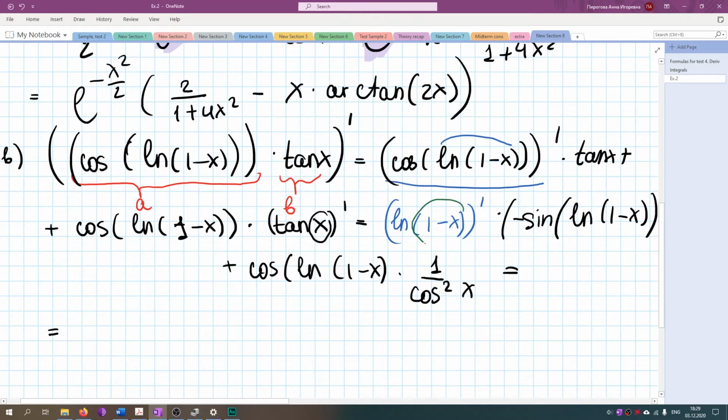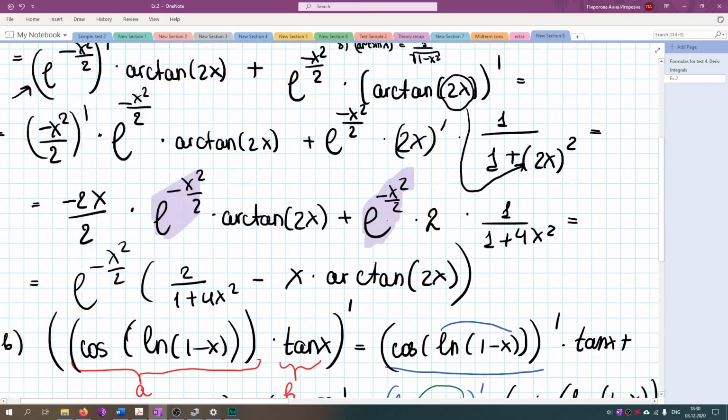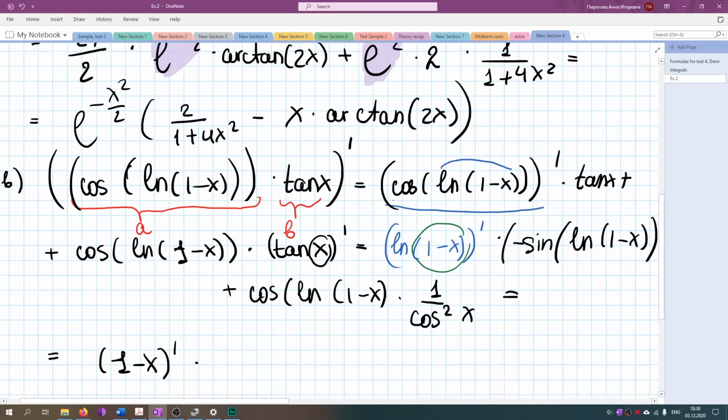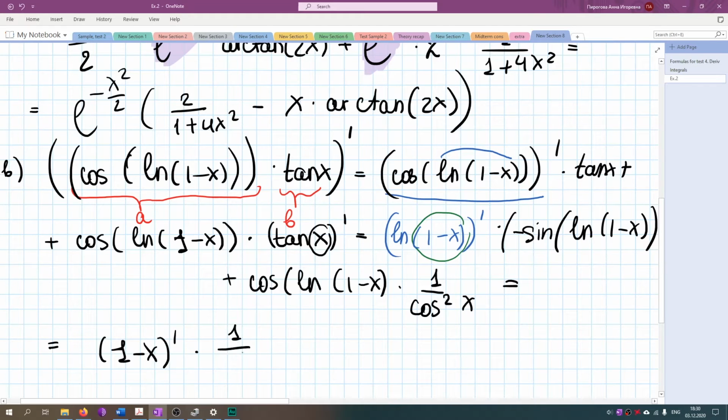It is 1 minus x. That is why we will need to multiply by this derivative first. So the derivative of 1 minus x, and then again 1 divided by 1 minus x.